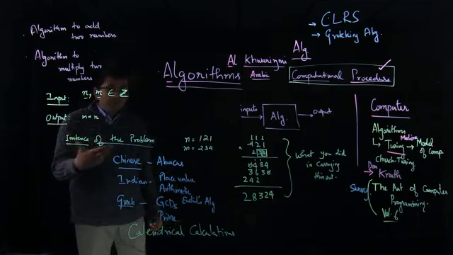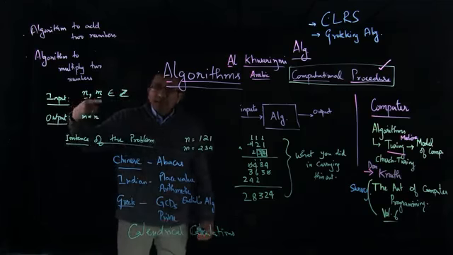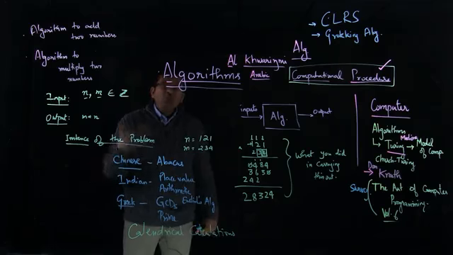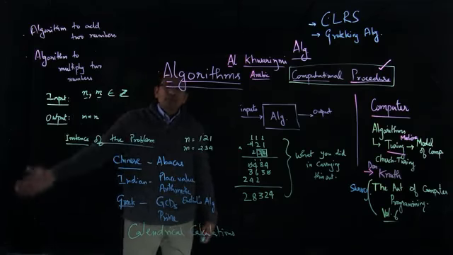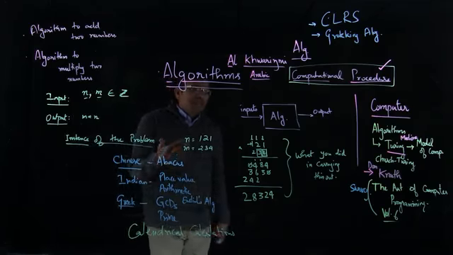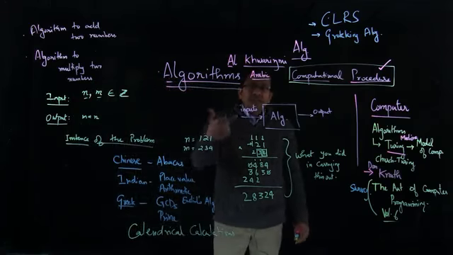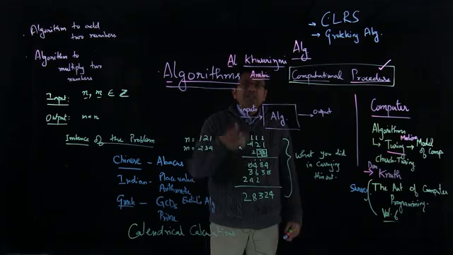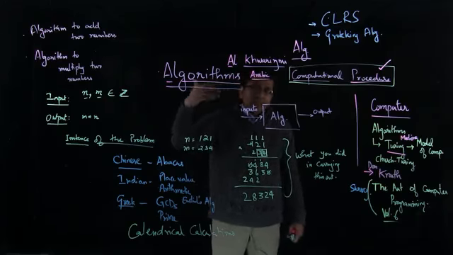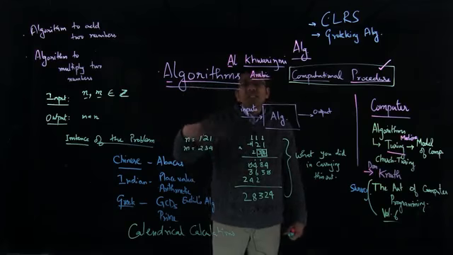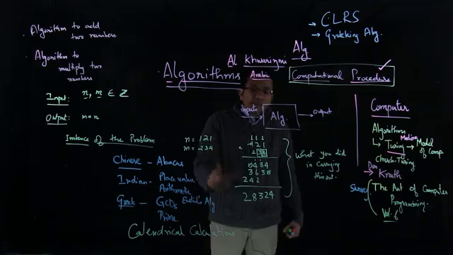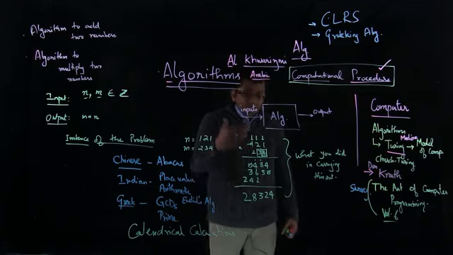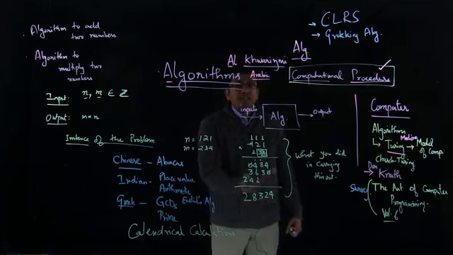Whenever you plug in actual values to these inputs, you have what is called an instance of the problem. And once you have an instance of the problem, the algorithm runs in a mechanical manner. So there is no creativity when you run an algorithm. It's just a step-by-step blind procedure that tells you imperatively how to do this. Once you are done, you get an answer, and that's the answer.